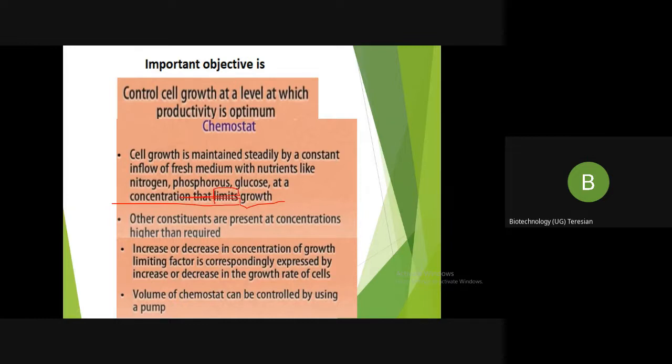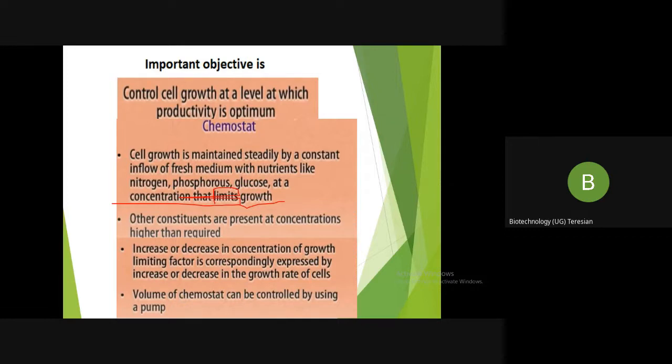Now, what is the purpose of this? So, here you can see the purpose. Increase or decrease in the concentration of the growth limiting factor. What is my growth limiting factor? It is your nitrogen, phosphorus or glucose.